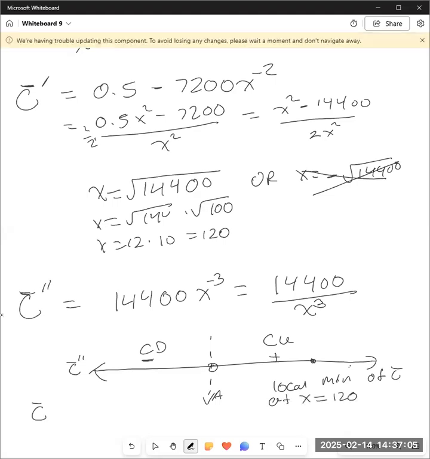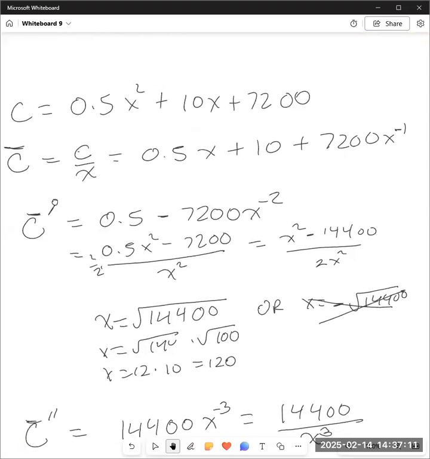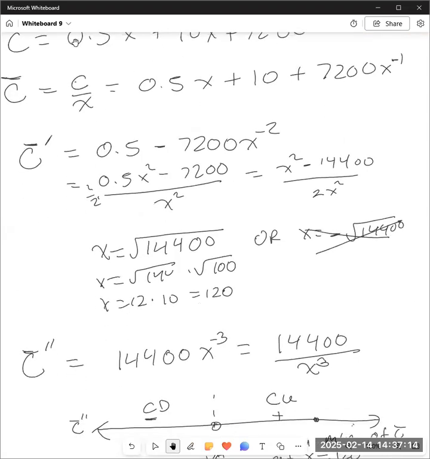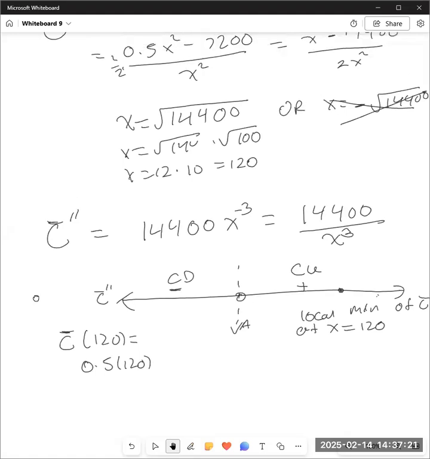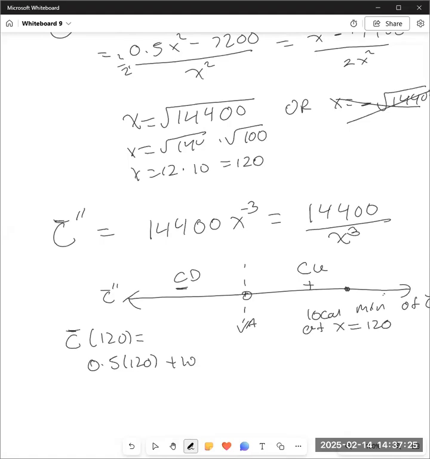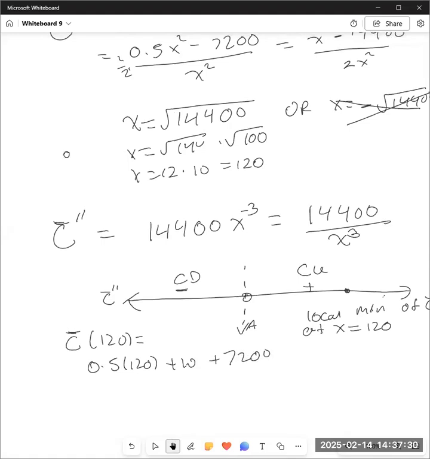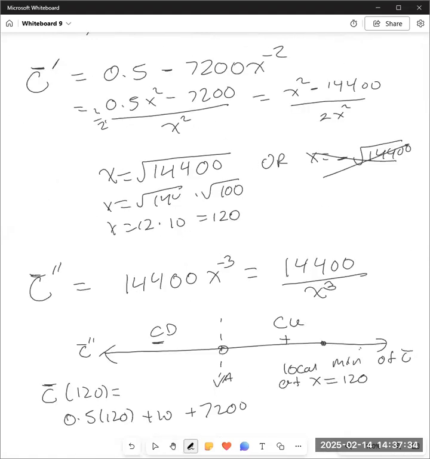So let's find C bar of 120, which is 0.5 times 120 plus 10 plus 7,200 over 120.